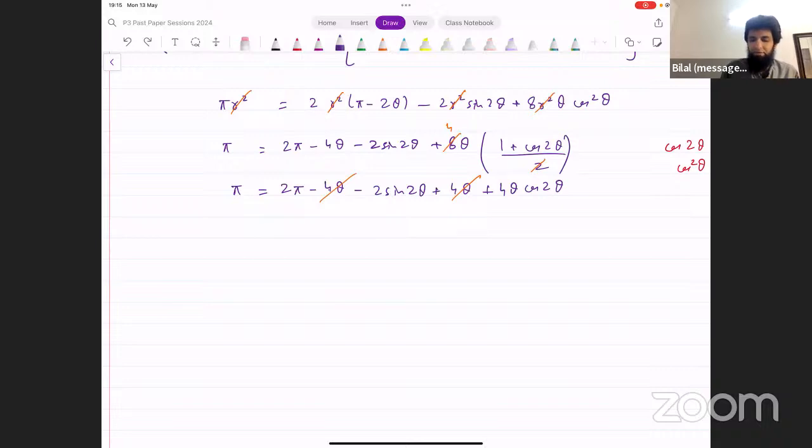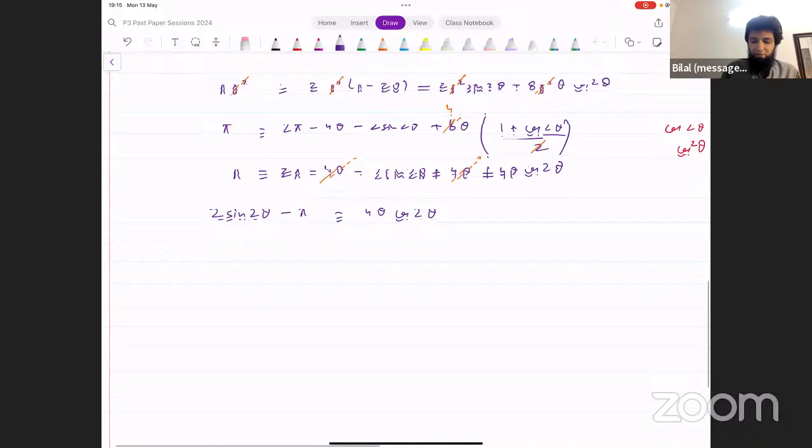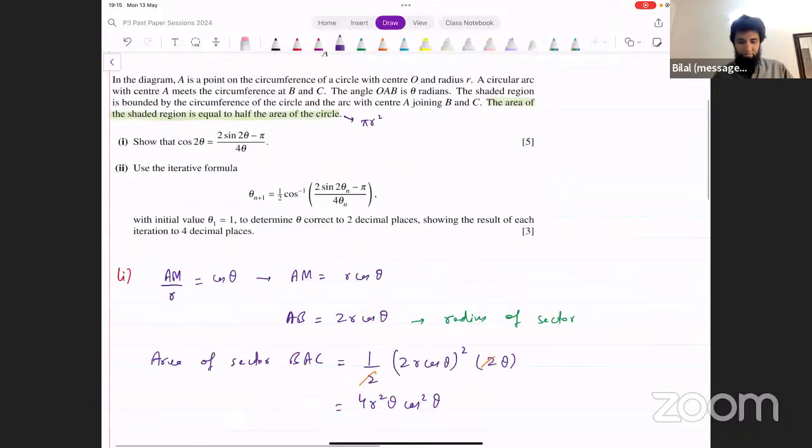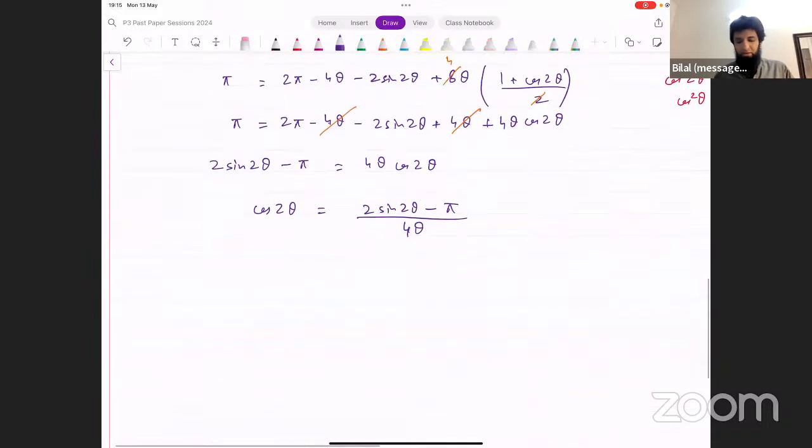When this goes to the other side, that becomes 2 sine 2 theta. And pi minus 2 pi is minus pi. What are we left with? That equals 4 theta into cos of 2 theta. Divide by 4 theta, and we have cos 2 theta equal to (2 sine 2 theta minus pi) divided by 4 theta. And that is what we had to prove.